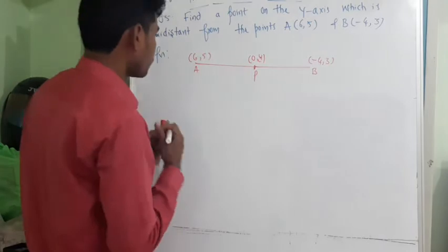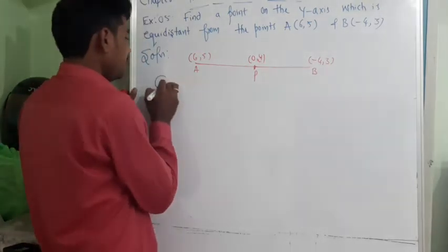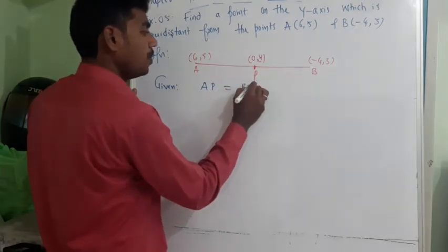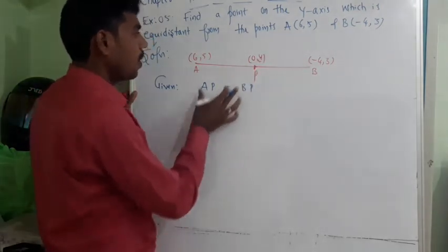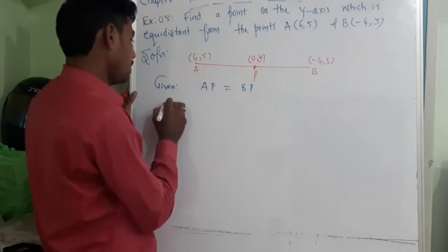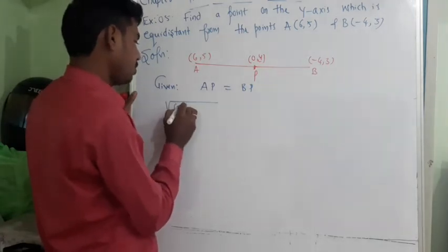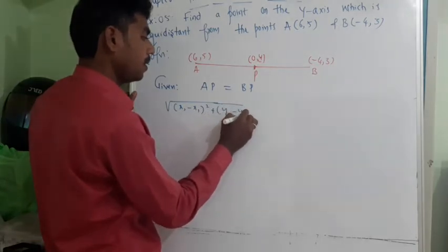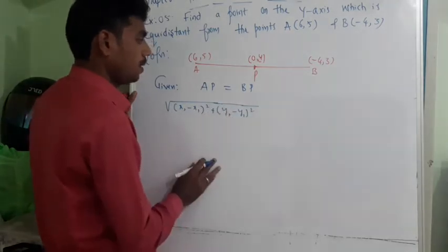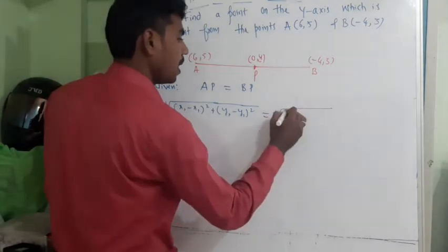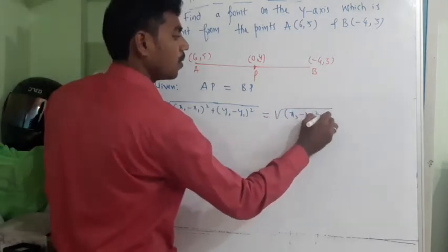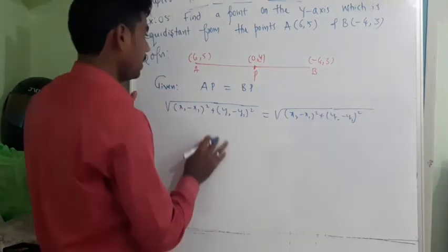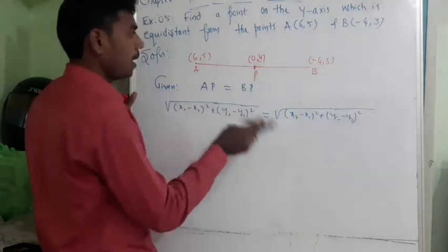So now, given AP is equal to BP, using this relation we will find. So what is AP then? That is the square root of (x2 minus x1) whole square plus (y2 minus y1) whole square. So here also I will apply the formula. I need to be smart enough while applying the formula.